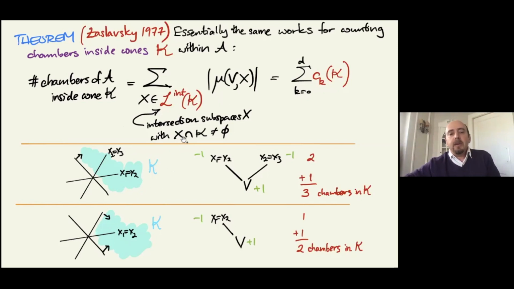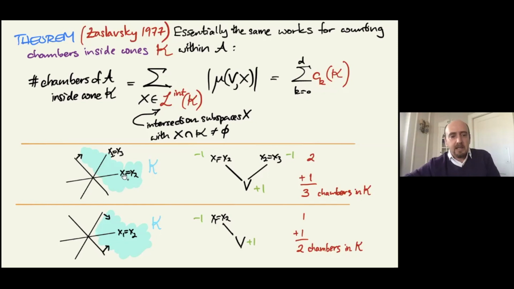And the way you count their chambers inside the cone is you just only sum up the Möbius function values with absolute value for certain intersection subspaces X. Namely, you pick the intersection subspaces X that actually do cut through that open cone, that intersect the open cone in something.